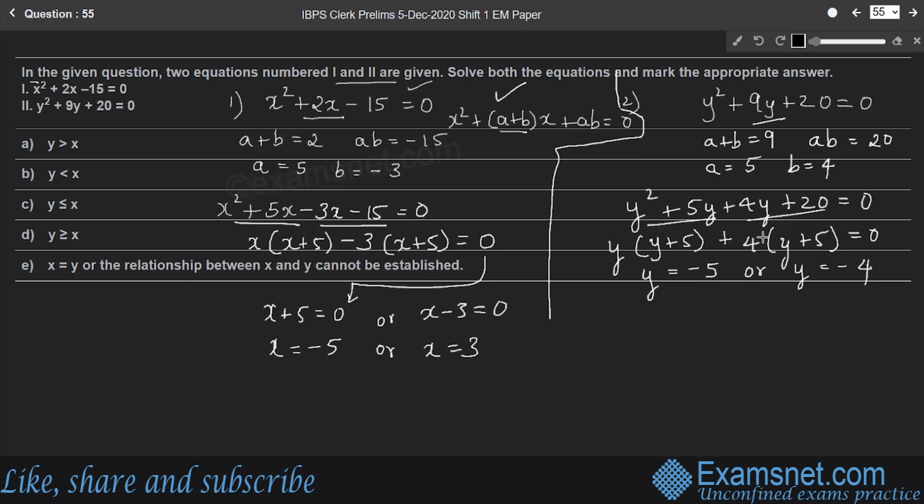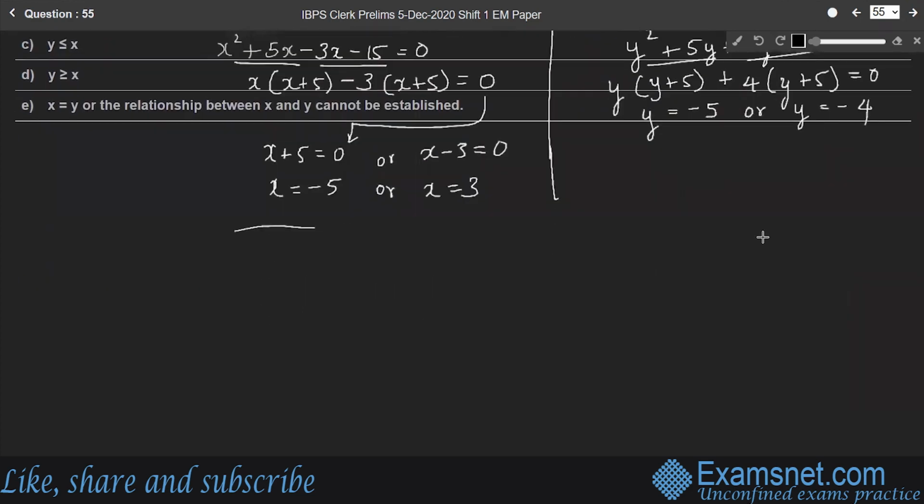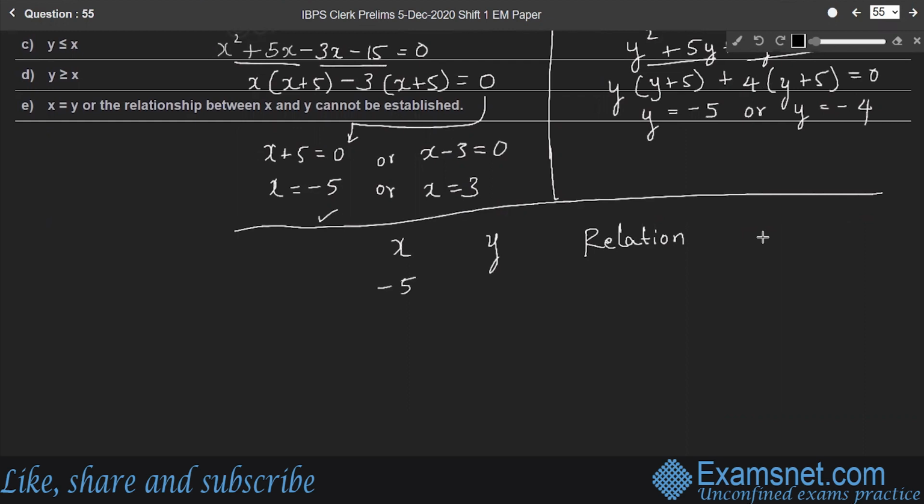Let us relate the values of x and y, so that we can relate x and y. So look at the values. If x is minus 5 and y is minus 5, x will be equal to y.